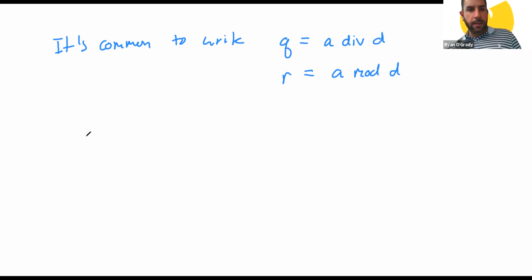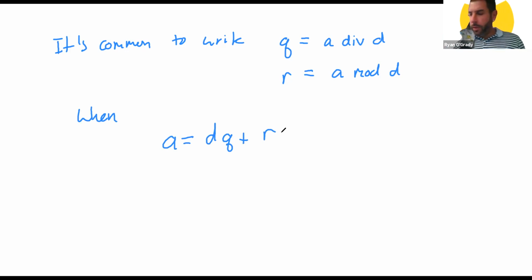So it's common to write this when A equals, let's keep it consistent, DQ plus R. So if we again use some old words, we might say this is the divisor. You might say this is the quotient.